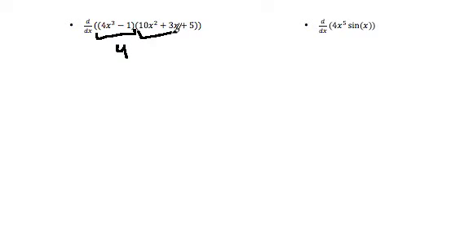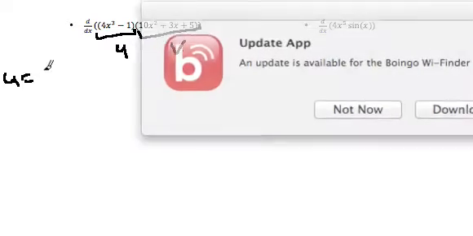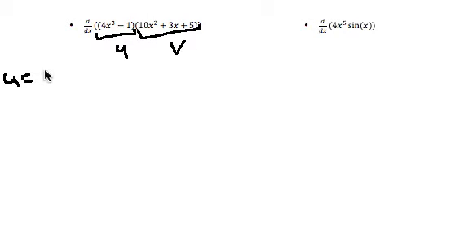So our next two examples are the derivative of 4x cubed minus 1 times 10x squared plus 3x plus 5. Again, we have two pieces. Here's my u, and here is my v. So u is equal to 4x cubed minus 1.